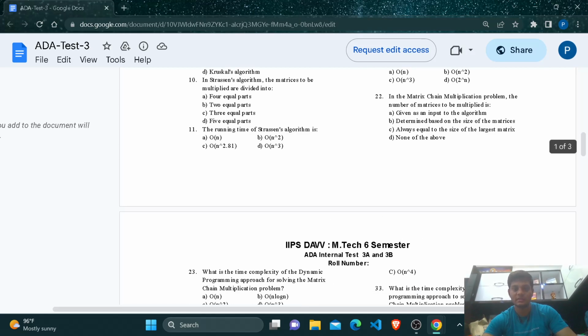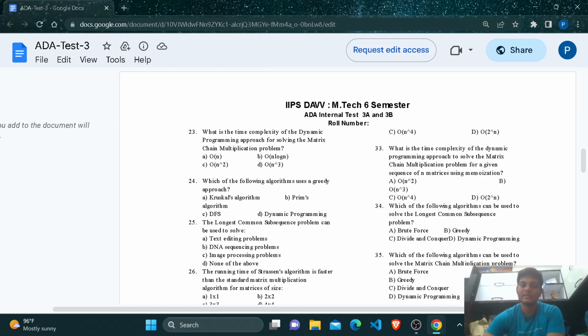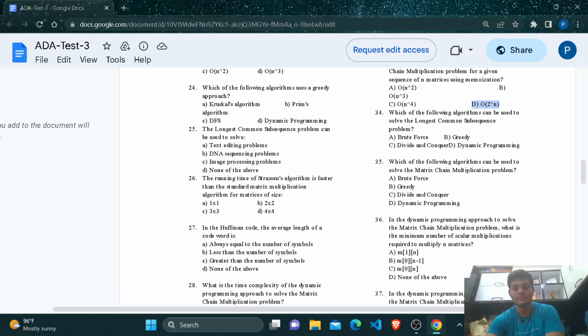So next question, 33, what is the time complexity of dynamic programming approach to solve the matrix chain multiplication problem for a given sequence of n matrices using memoization? So yeah, its answer is option D, which is 2 power n. 34th question, which of the following algorithms can be used to solve the longest common subsequence problem?